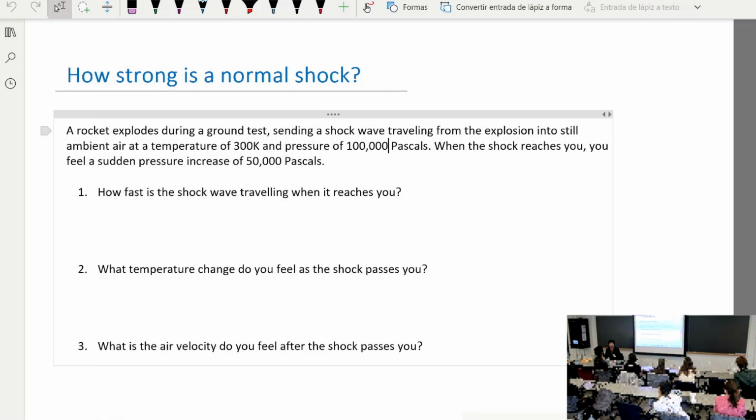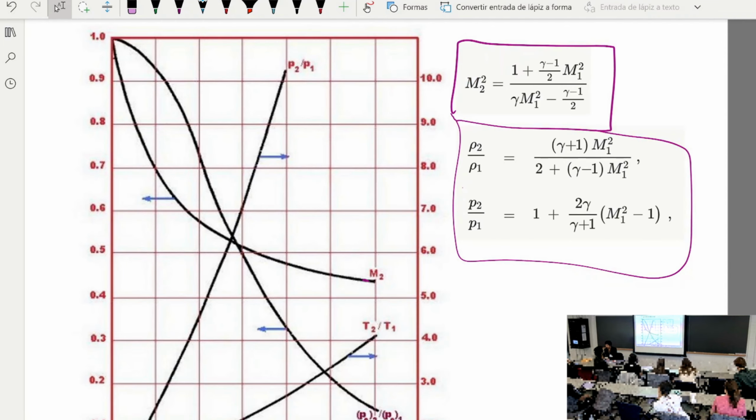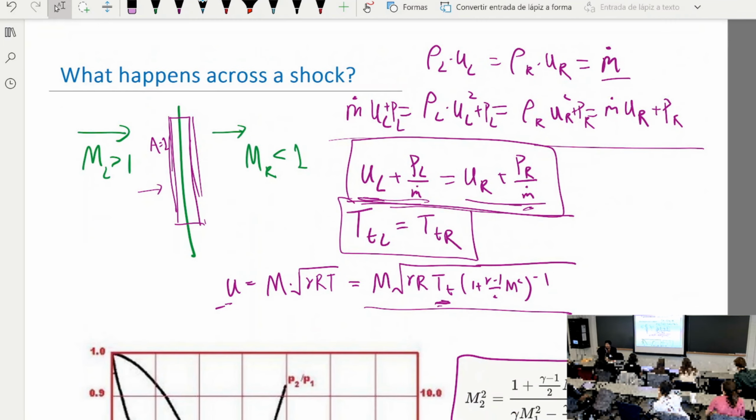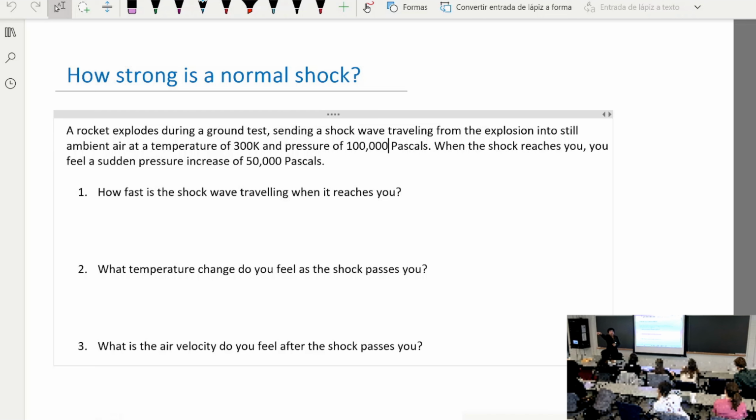By downstream, you mean before the shock wave? By downstream, I mean with the frame of reference that moves with the shock wave. Okay, it's the downstream flow of the shock wave. So imagine a shock wave. That's the rocket. A shock wave comes by from that way, right? If you take the frame of reference that travels with the shock wave, is the ambient air upstream or downstream?